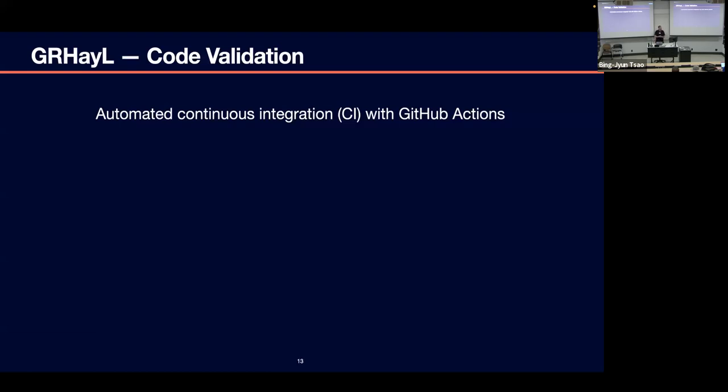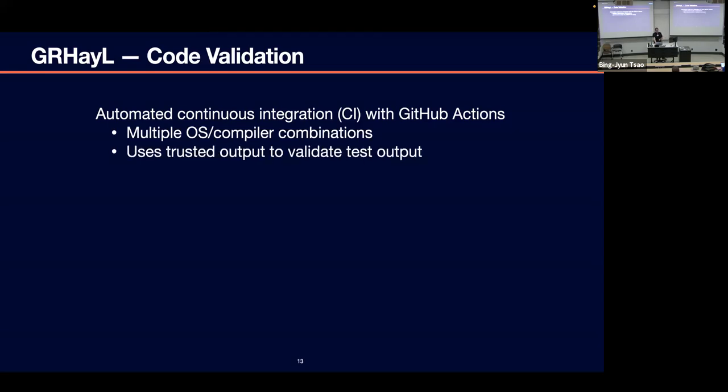And in particular, GRHayL has a continuous integration system based on GitHub Actions. It runs every time we push something to the repo, and it runs on multiple operating systems with multiple compiler combinations. We use that to validate the outputs against the trusted results. And pretty much every core function in GRHayL has individual unit tests.